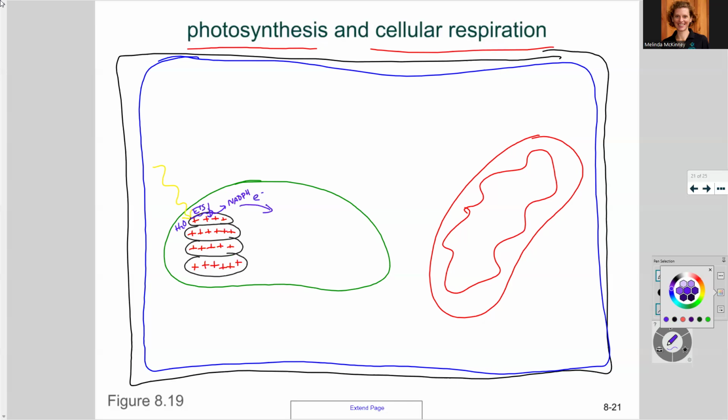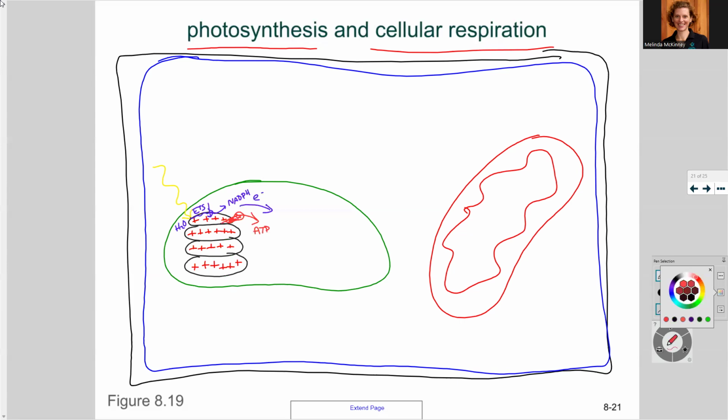This hydrogen ion gradient also creates ATP. I'm drawing this kind of small here, but this is ATP synthase. The hydrogen ions are going to move through it to get out. That's going to create ATP. ATP is then going to be used in the next reaction.